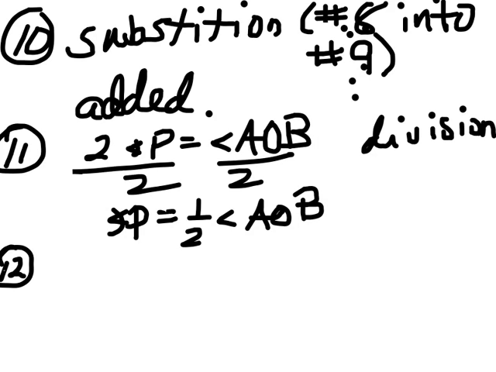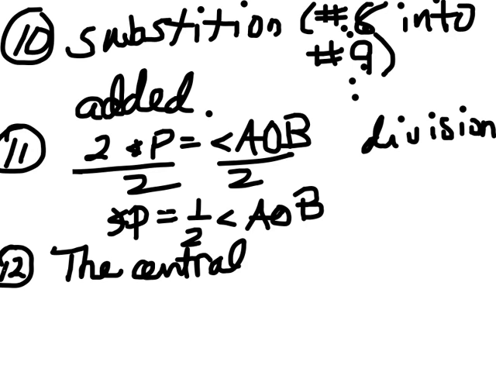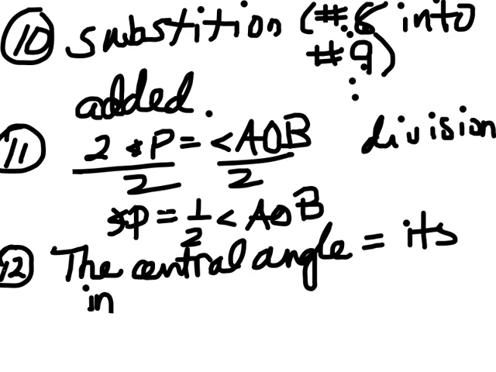It's theorem 63. Isn't angle AOB a central angle, right? Yes. The central angle is equal to its intercepted arc. That's why those two are equal, because AOB is a central angle. Remember, with a central angle, the angle is equal to the arc, right?